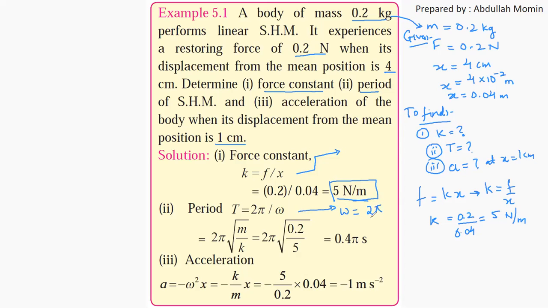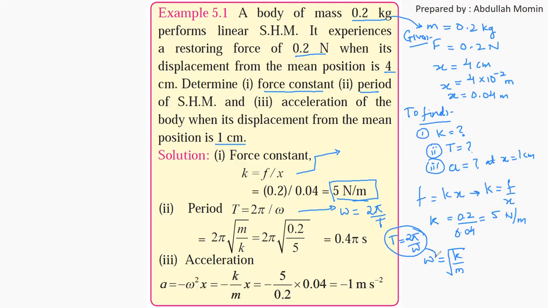We know that the formula of omega is equal to 2 pi by capital T. So we will write T is equal to 2 pi by omega. We know that omega is root k by m.